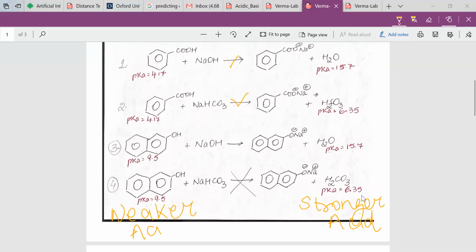Even though I wrote this on paper, this reaction will hence not be possible. So looking back, sodium hydroxide will react with both, but sodium bicarbonate will only react with one of them. And this is the base which will help us achieve selective separation of the molecules.